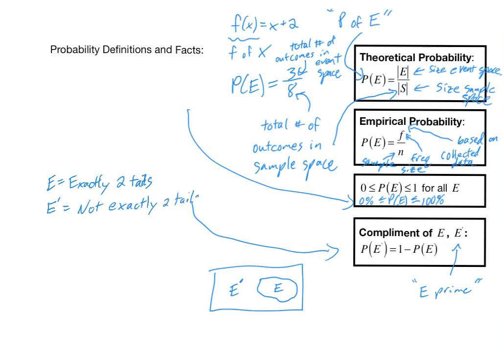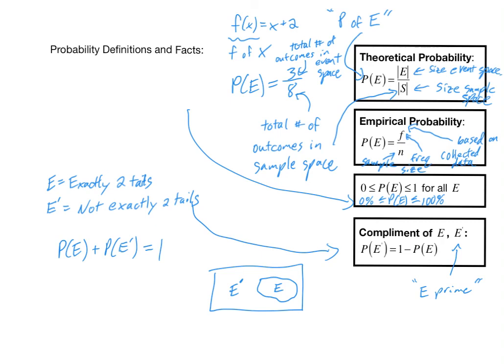And there's a very nice relationship between the probability of an event and the probability of its complement. In general, the probability of an event plus the probability of its complement always adds up to the total of 1. Or written differently, the probability of E prime is equal to 1 minus P of E. This is the same thing as this, just in this one, the P of E prime is isolated. If you subtracted P of E from both sides here, you get exactly this.